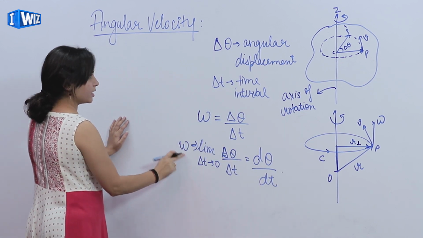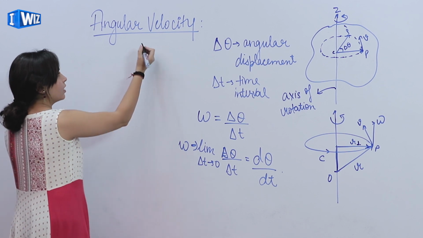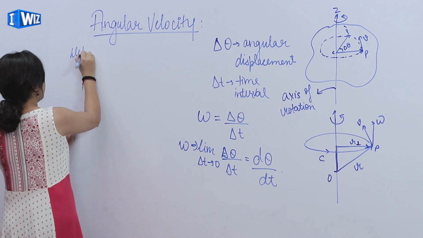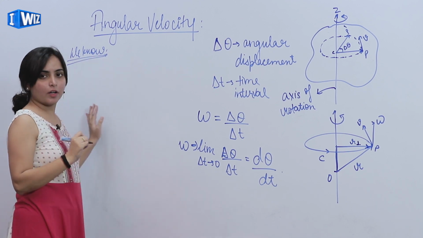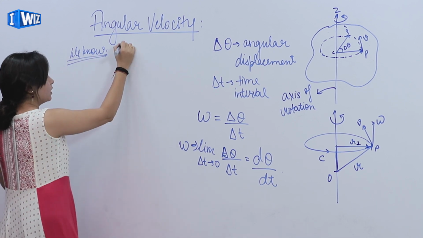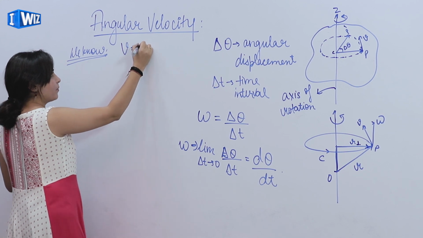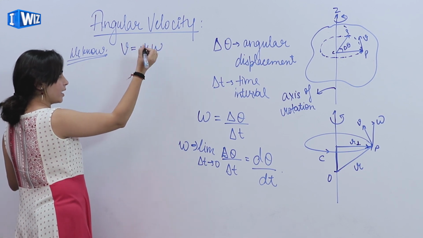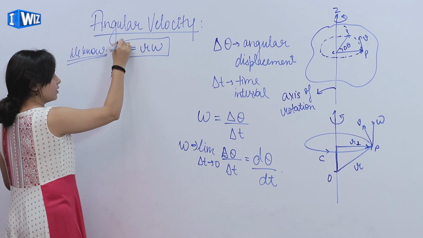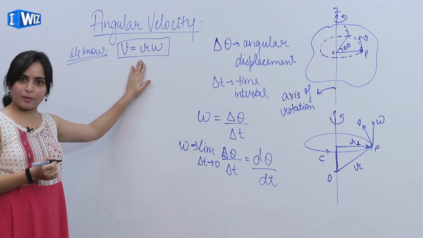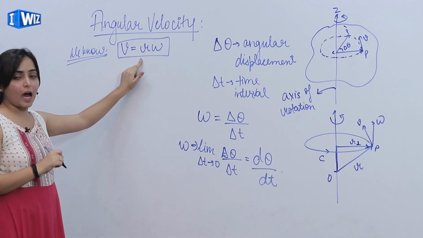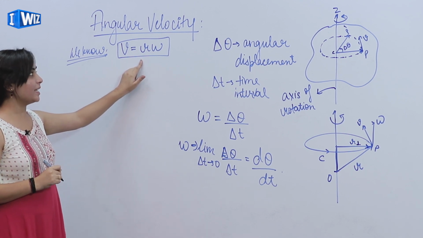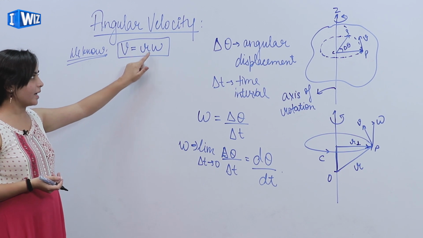So this is angular velocity. We know the relation between angular velocity and linear velocity, which is v equals r omega. अब ये रिलेशन हम पहले पढ़ चुके हैं और डिराइव भी कर चुके हैं. Now in this article what we do, we'll take a cross product of r and omega.